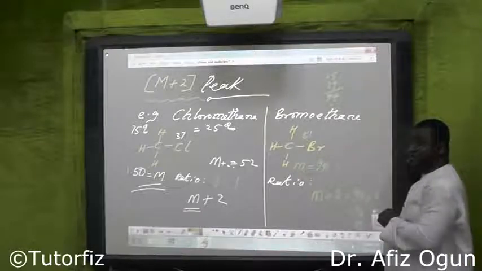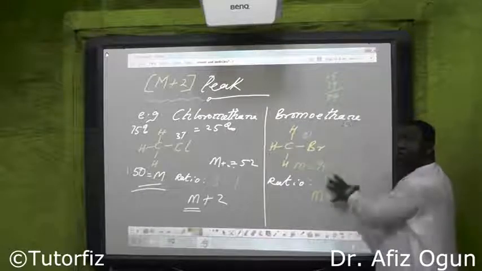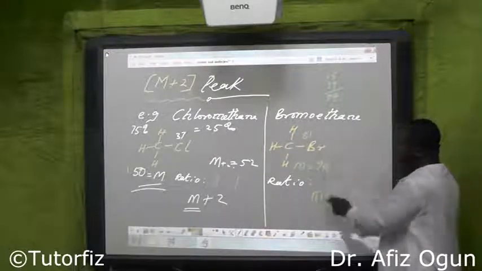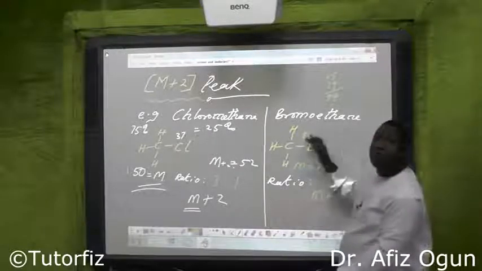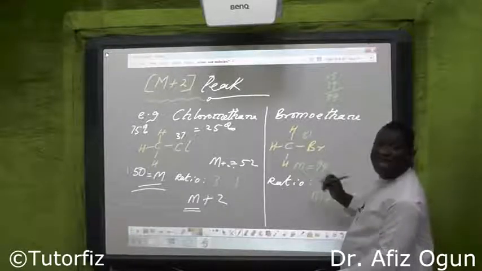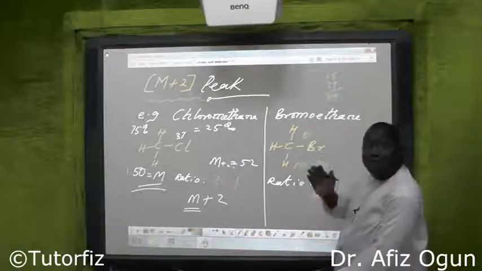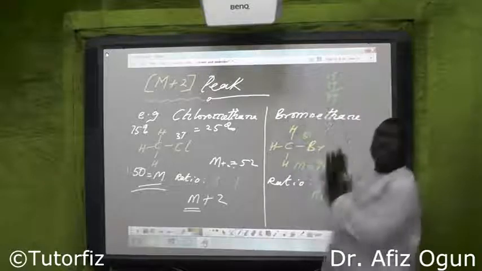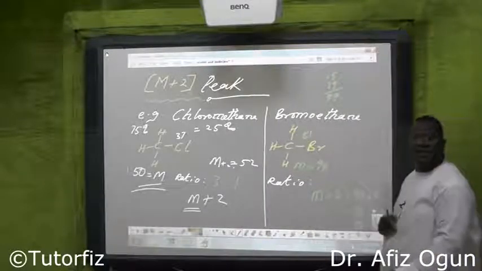That's M plus 2 for this. How do you know it is this or that? Apart from where they occur, the percentage of bromine 81 to bromine 79 is 50 to 50. So the abundance of M and M plus 2 will be the same. The height will be the same, 50-50.